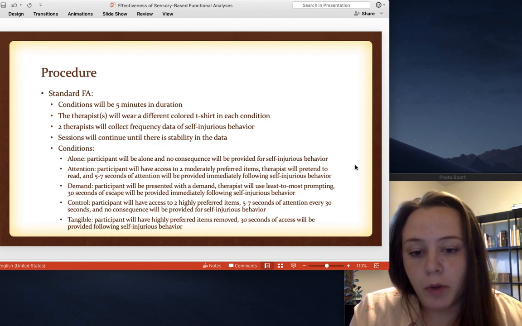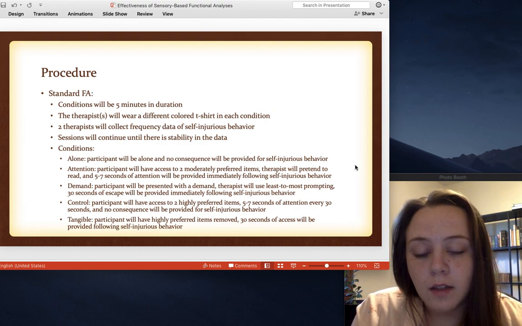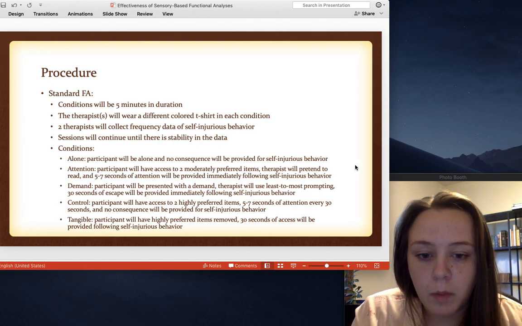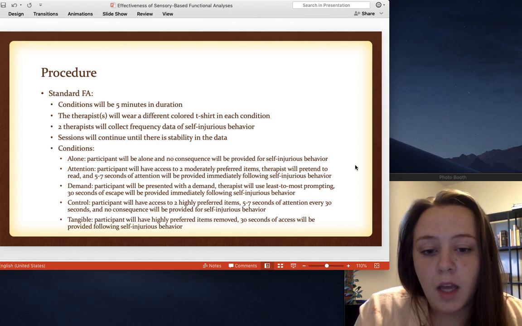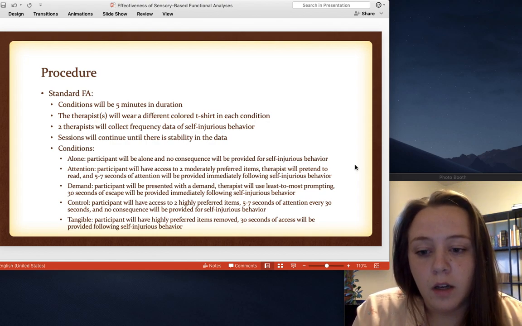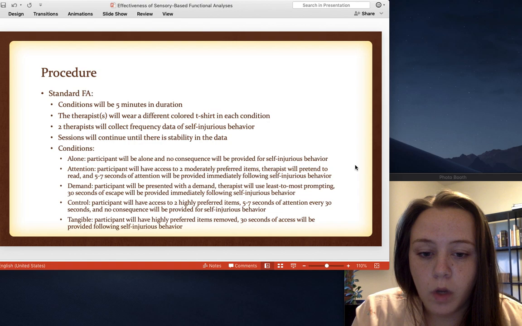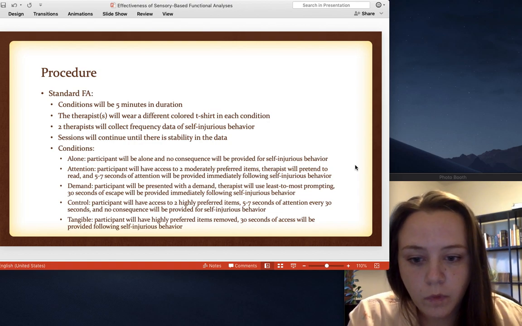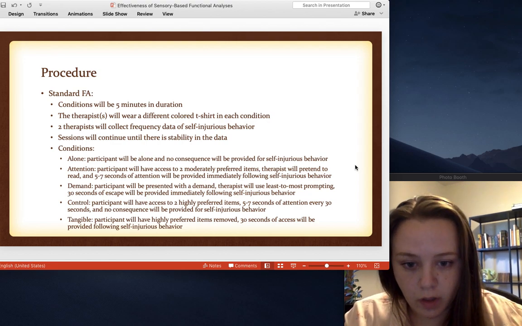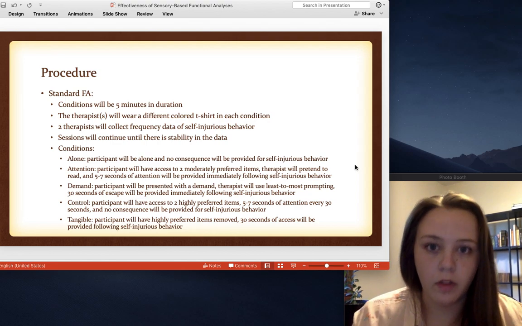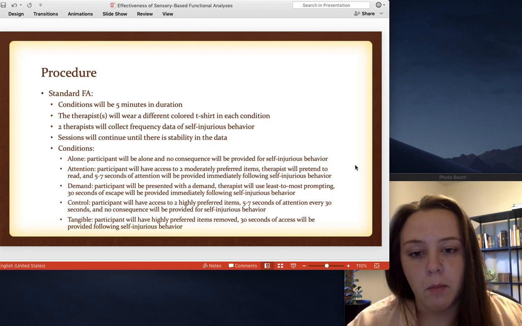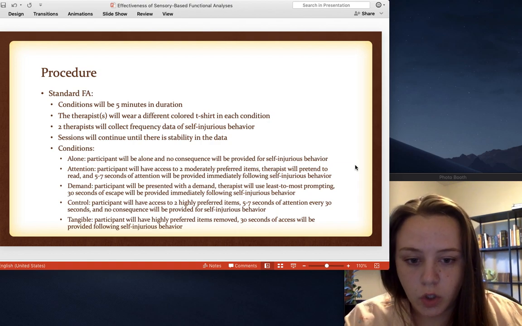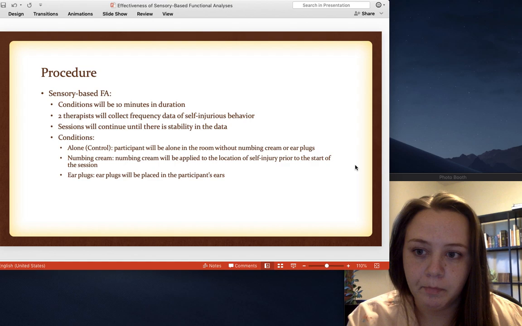Any appropriate commands for that item or those items would be ignored or denied, and only the self-injurious behavior would result in the therapist providing access. So if they engaged in self-injury, they would provide them access to those items for 30 seconds, and then again take them unless there was another occurrence of self-injury after taking.